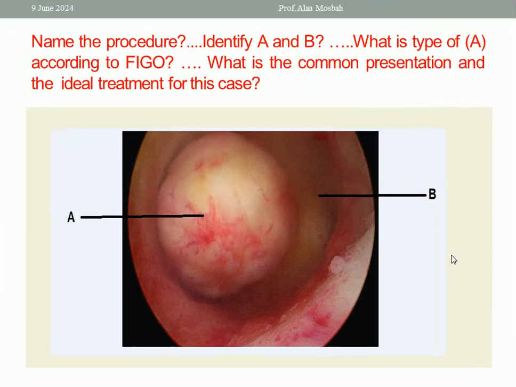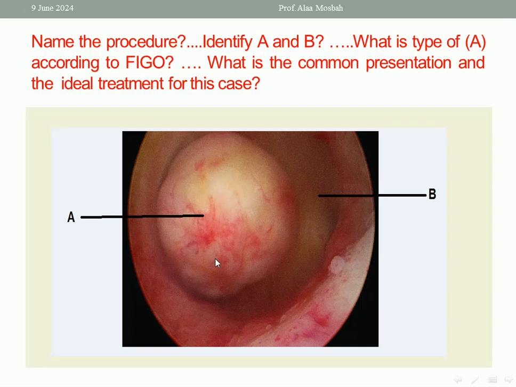Let us go to the next. Look at this picture, please. Name the procedure. This is hysteroscopy. Identify A and B. A is an intracavitary leiomyoma or fibroid.